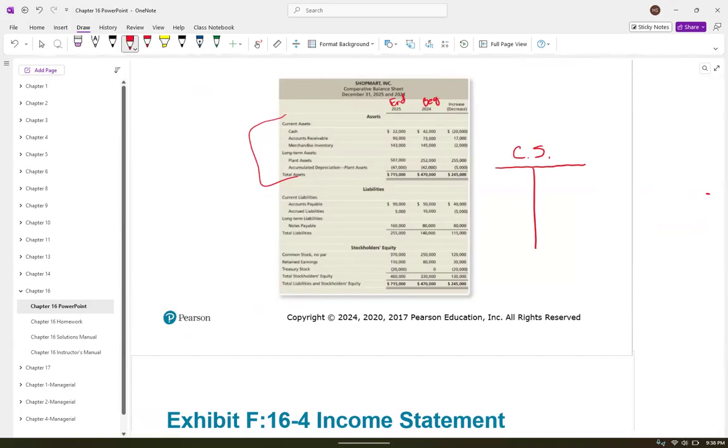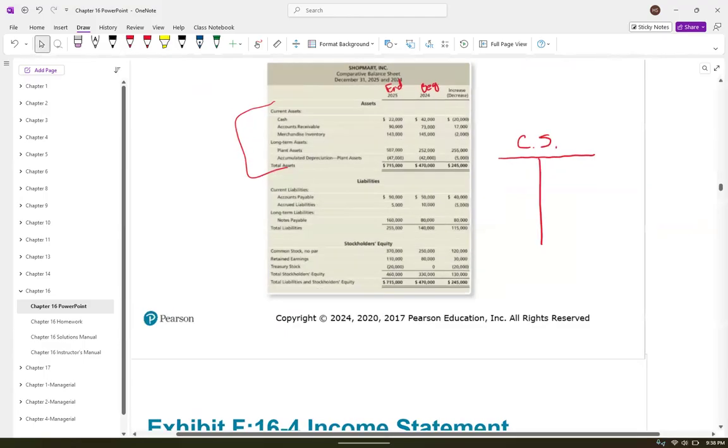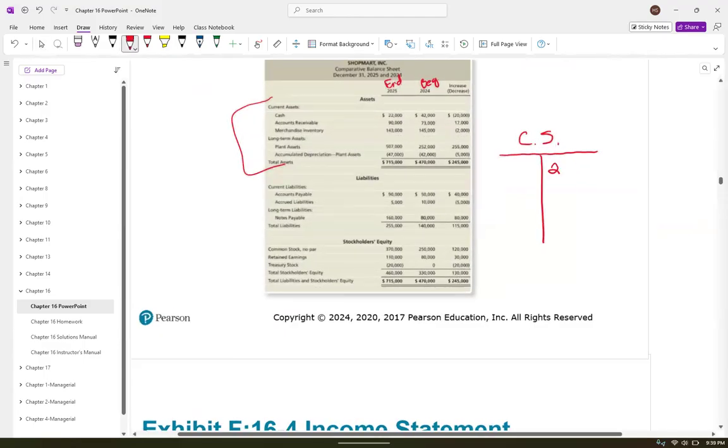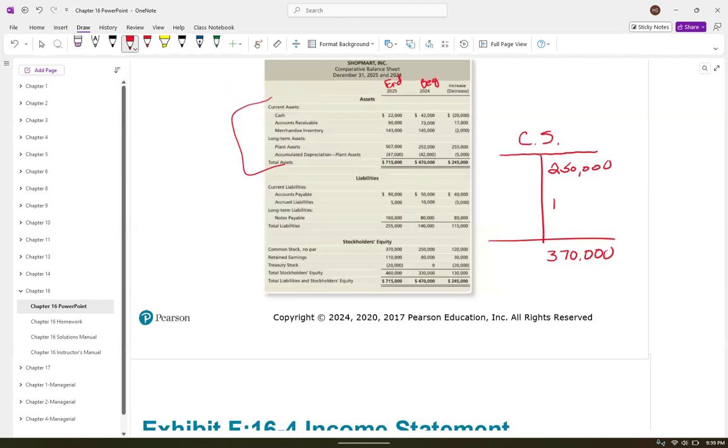Common stock had a beginning balance of 250,000, and it had an ending of 370,000, which left us a change of 120,000. And that is on the credit side.